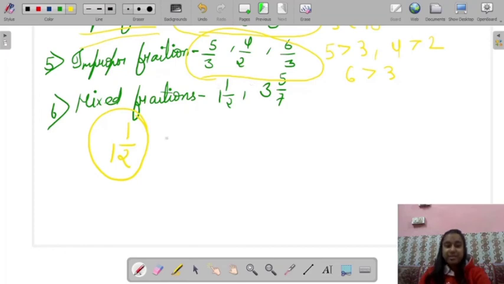In a proper fraction, the denominator is bigger. So here also the denominator is bigger than the numerator, right? So this 1 and 1/2 is a mixed fraction. See, these are examples of mixed fractions.